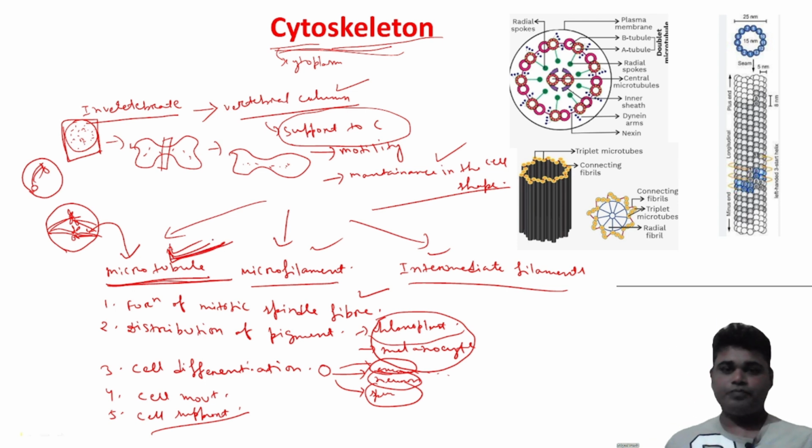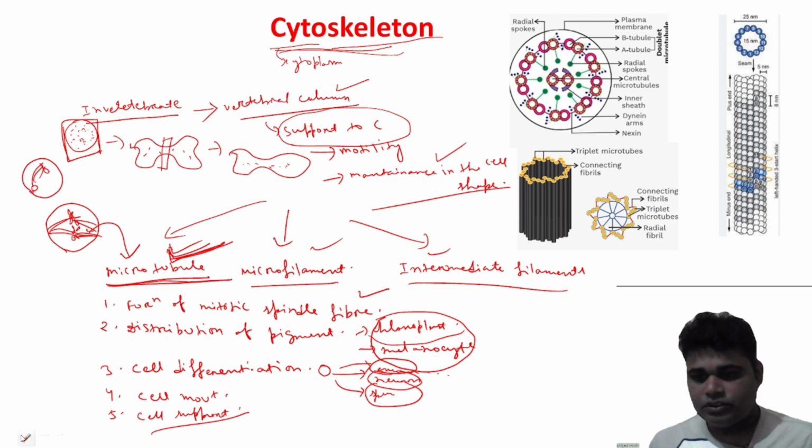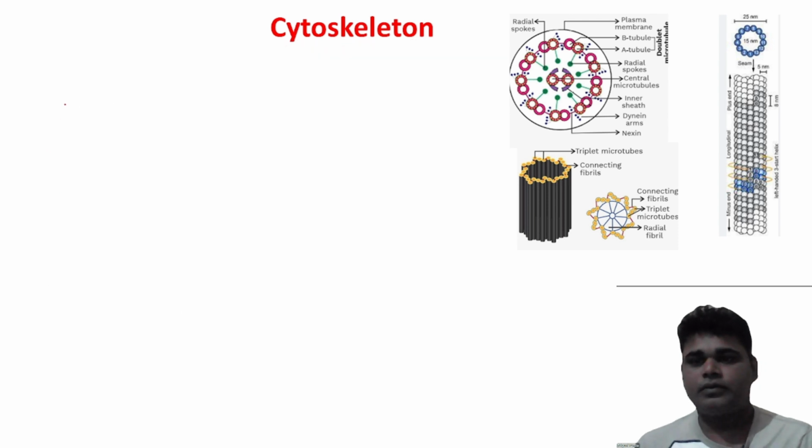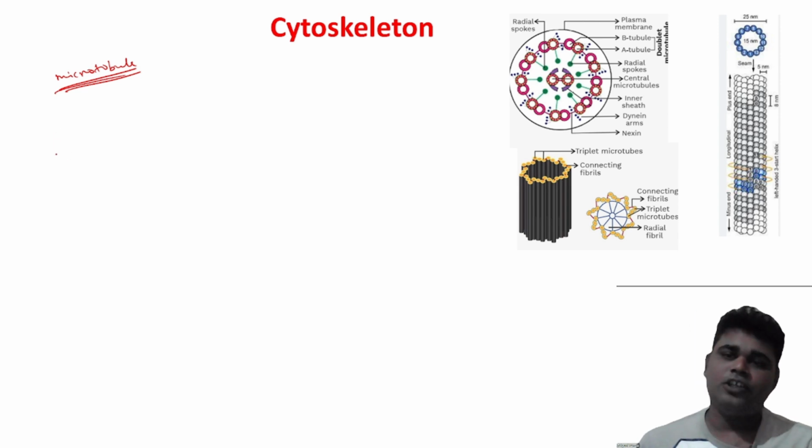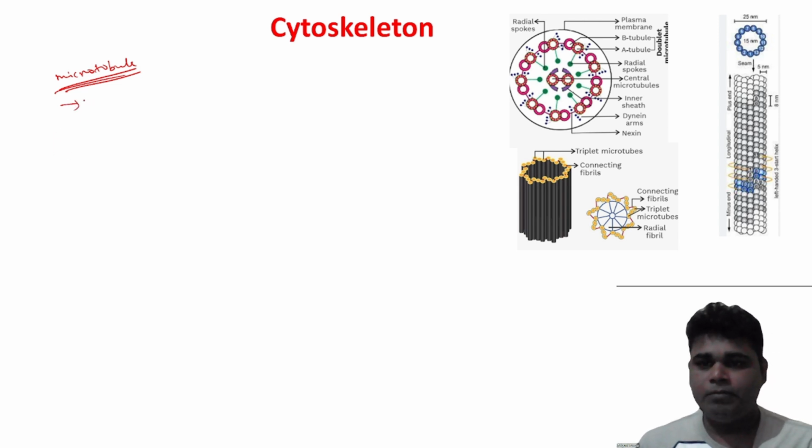So now we should know about the microtubule extensively. The microtubule is formed by tubulin plus GTP, or guanine triphosphate, plus Mg2+, or magnesium.